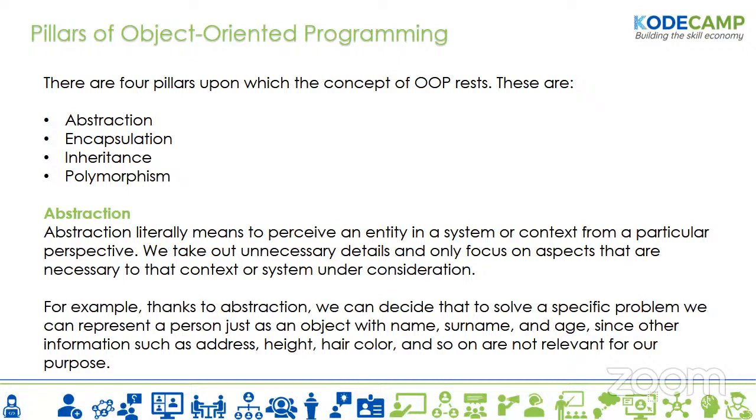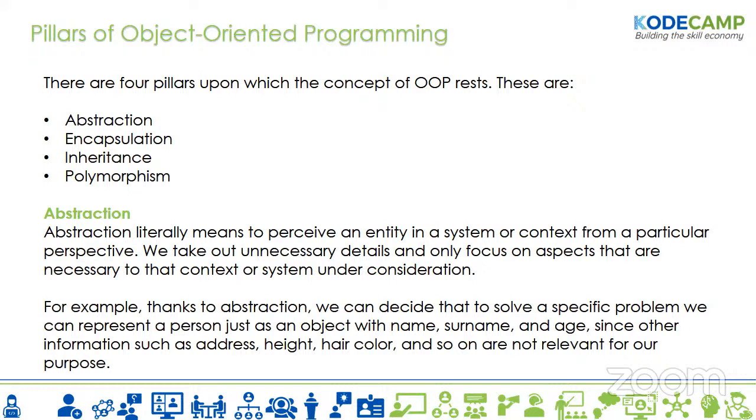For the purposes of this class, we're going to be starting with the first 3 pillars. So here we have the first is abstraction, the next is encapsulation, the third is inheritance, and the last is polymorphism. Now, one of the ways I try to use to remember it is I could say A, E, I, O, and the last one, instead of taking it as an O, I just have it as a P, or I could rename them and say A-PIE. So you could try that way to remember.